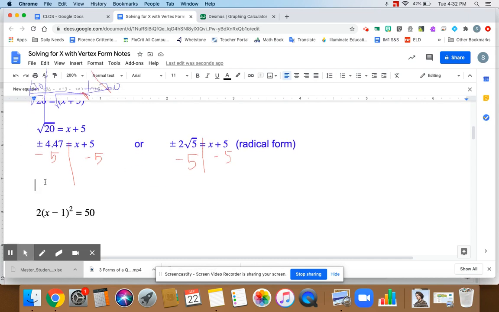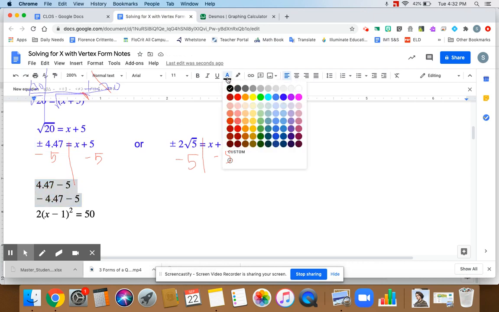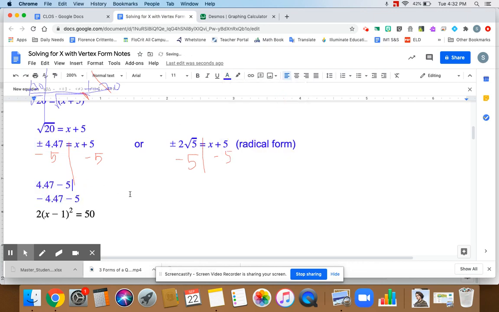So for this way, if I'm using the decimal, here's the important thing. I have two answers. I have positive 4.47 that I'm minusing 5 from, and I have negative 4.47 that I'm minusing 5 from because of the plus minus. So I have to remember that I have both answers now, and both answers will equal x. So in this case, x will have two answers.